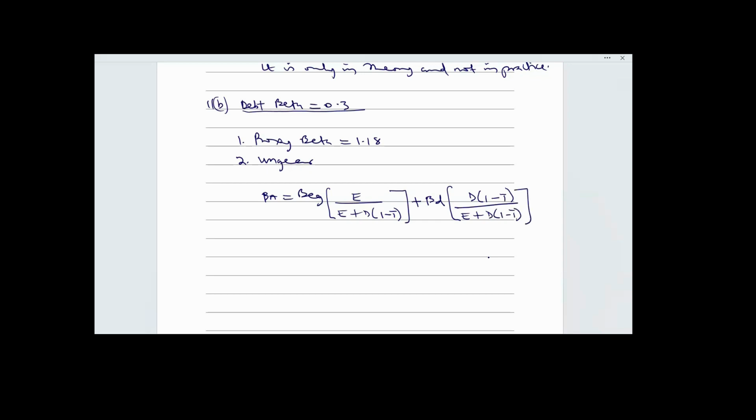Okay, so this is the extended formula that we are going to use because we are given a debt beta of 0.3.